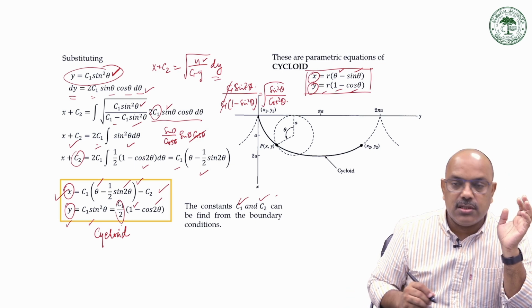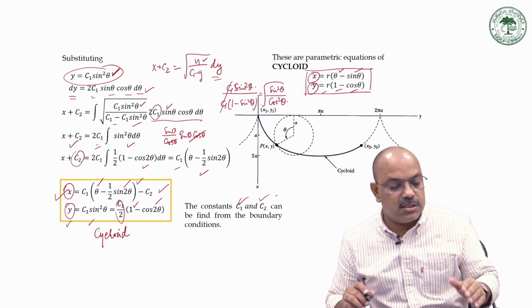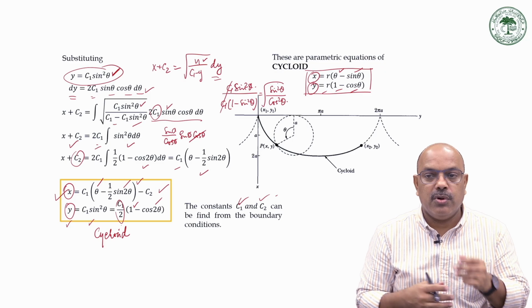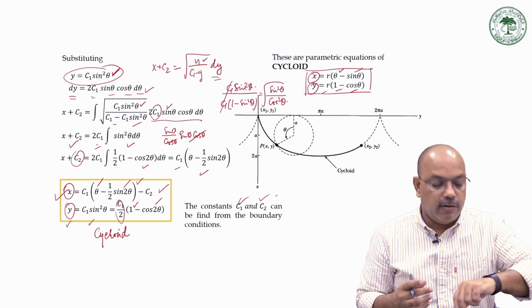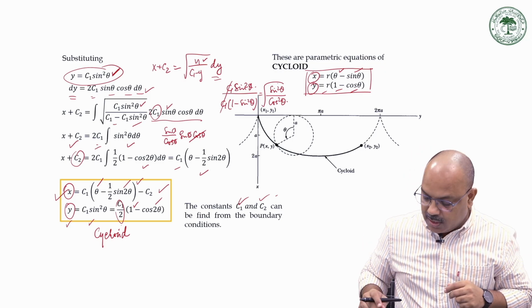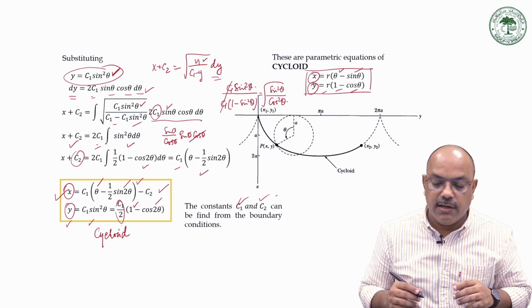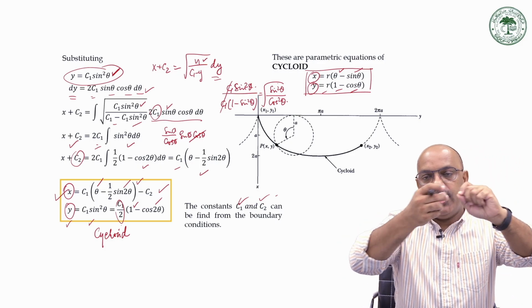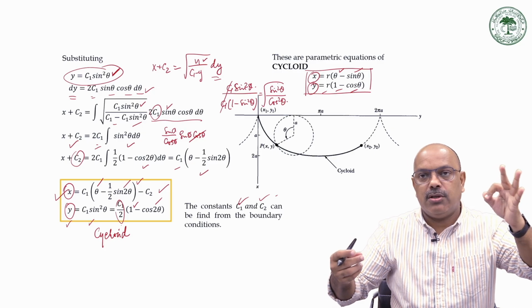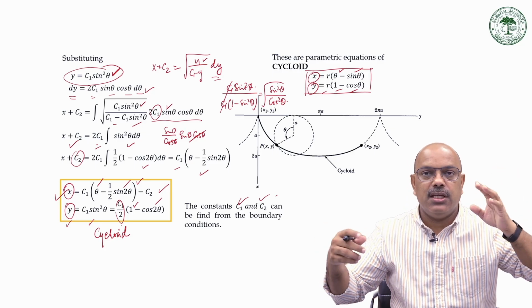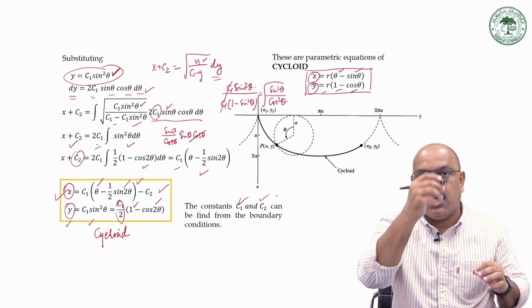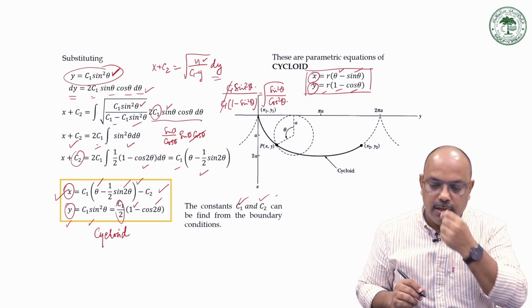So this is exactly the parametric equation of a cycloid. That means if a bead is rolling from point A to point B, from one position to another under the action of gravity, the path of minimum time is a cycloid. Now what is a cycloid?